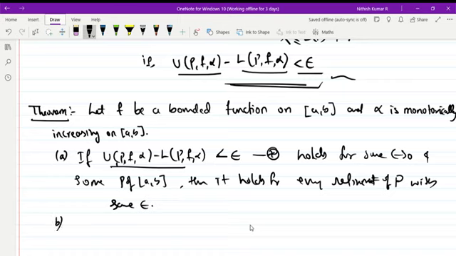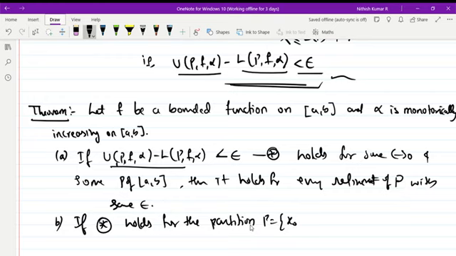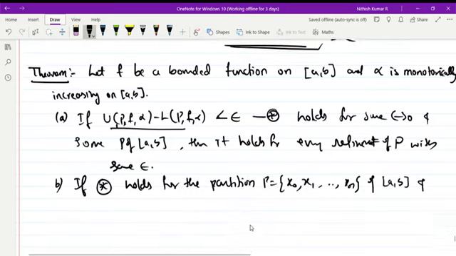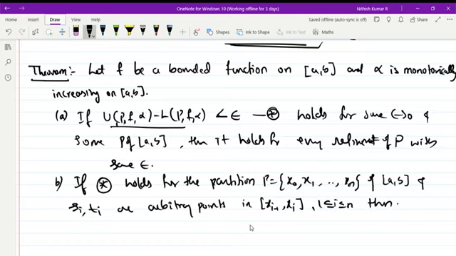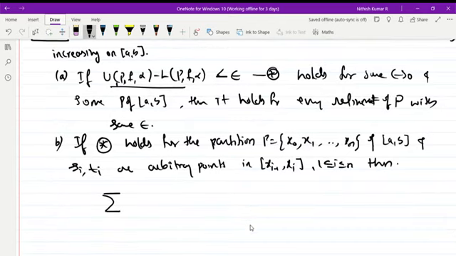And the next one says, if star holds for the partition P equal to x0, x1 and so on up to xn of the closed interval a comma b, and si, ti are arbitrary points in xi minus 1 comma xi, for 1 less than or equal to i less than or equal to n, then the summation of modulus of f of ti minus f of si into delta alpha i, where i is from 1 to n, is less than epsilon.